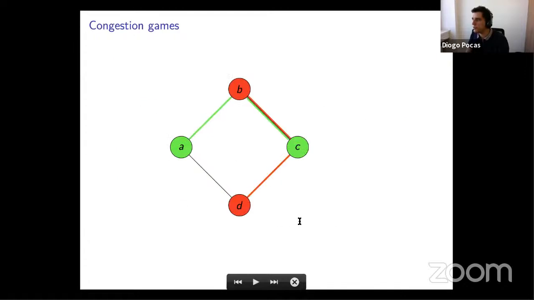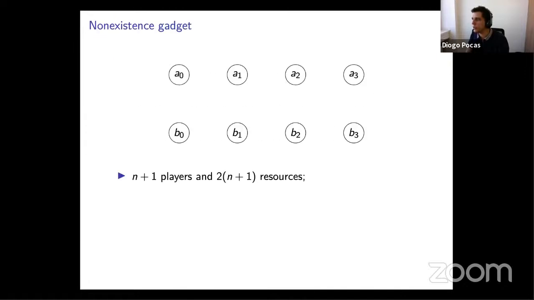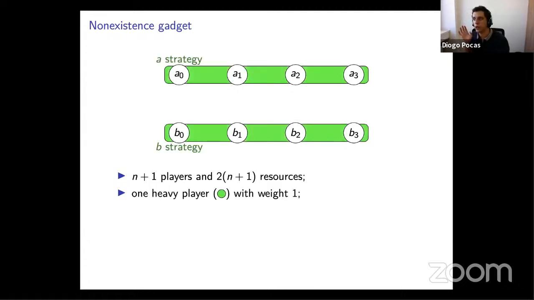So I can maybe go a little bit into the reduction. Essentially, for the non-existence gadget, we only need 2 strategies per player. Each player only has strategy A or strategy B, and they are given combinatorially. It's not like they are given as paths on a graph. Maybe this could also be doable, but we looked at it in this combinatorial manner.